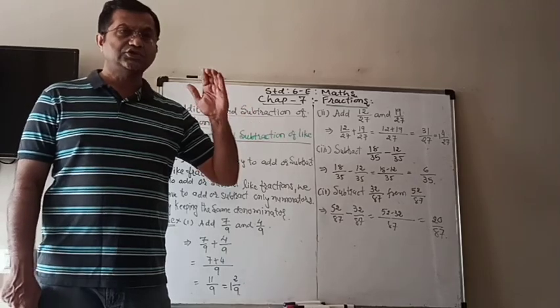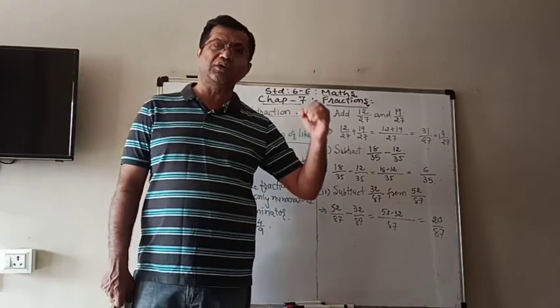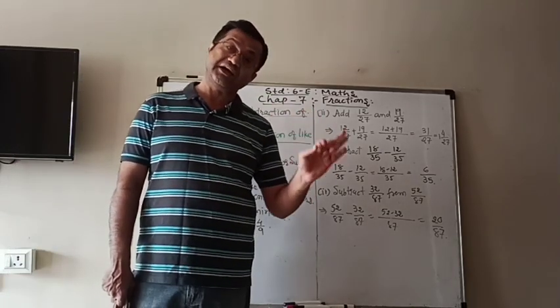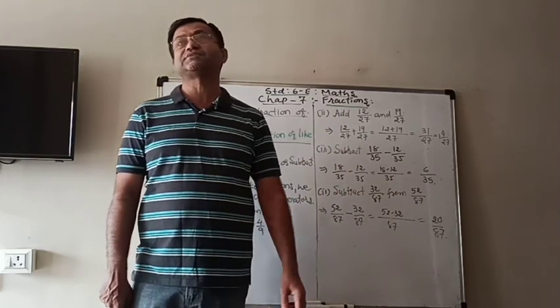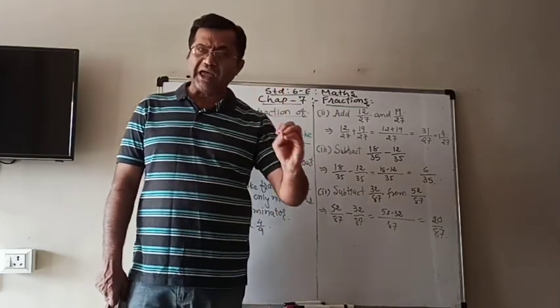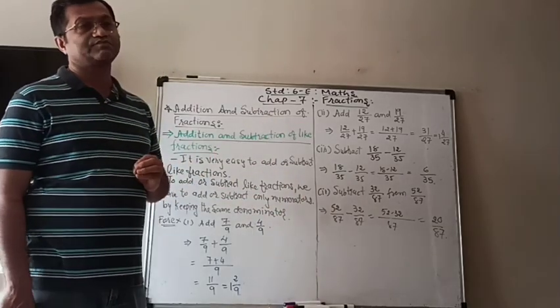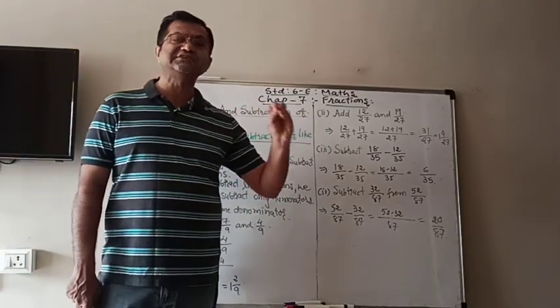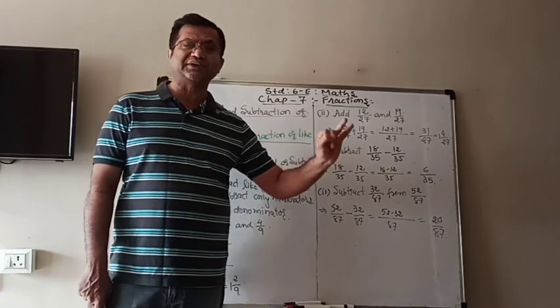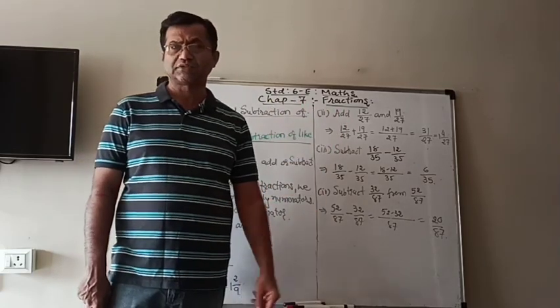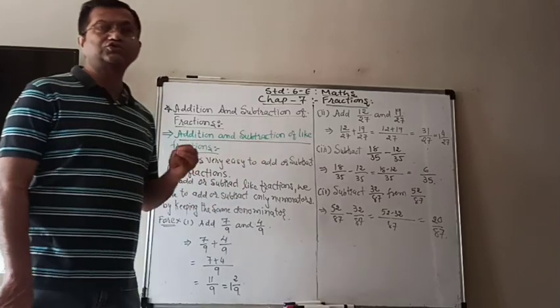But today I will give you an idea how to add or subtract the like fractions. Like fractions, we know that they have the equal denominators. So very easily you can add or subtract these fractions. So let us understand how to do it.